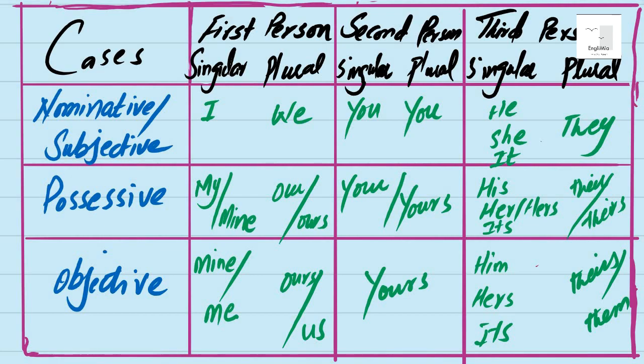From this table we can understand that there are first person, second person, and third person, and there are three cases: nominative or subjective, or it is called personal pronoun case, and then possessive case, and then objective. So according to nominative, subjective, or personal pronoun case, we can see that the first person singular is I and first person plural is we.